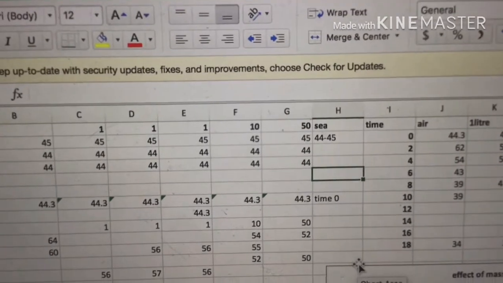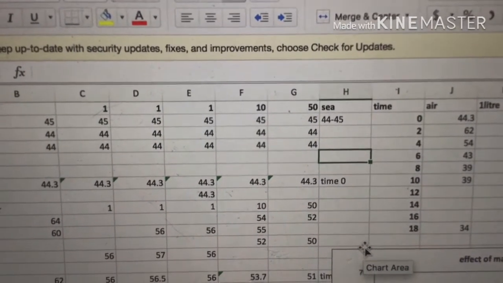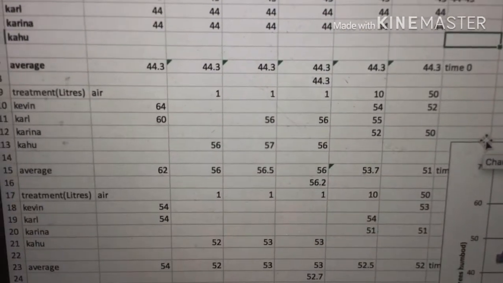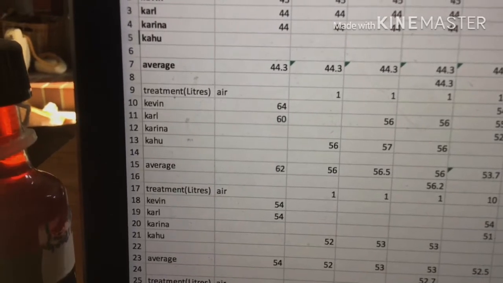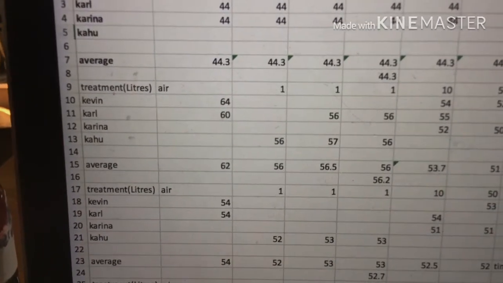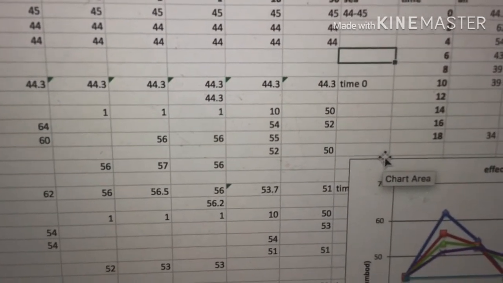And interestingly enough, it was in the early morning, and everything was pretty much the same temperature. And then every 2 hours took samples, and you'll see that after the first 2 hours there's quite an increase in the air temperature and in the 1 litre, not such an increase in the 50 litres.